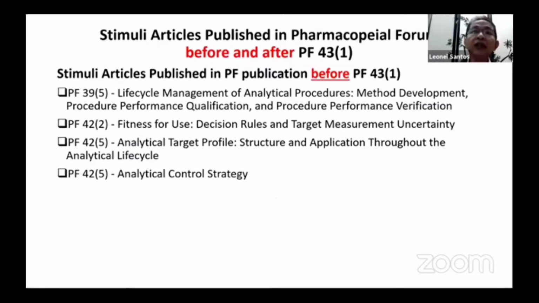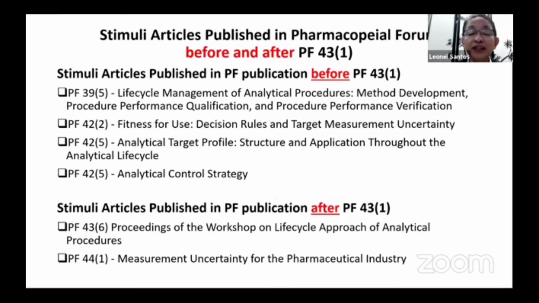If you want to find out more about the new General Chapter 1220, you can read some of the background information published before, as listed in this slide. It contains method development procedure, performance qualification, performance verification, and then the target measurement uncertainty, the analytical target profile, and the analytical control strategy.